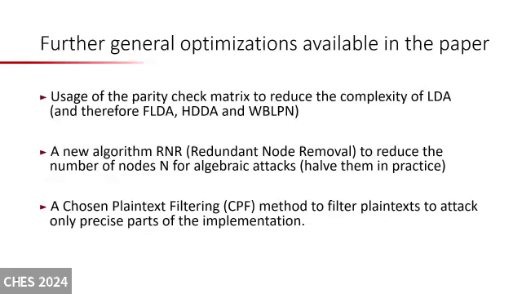We also brought a new algorithm that we call RNR, redundant node removal, that is also a pre-processing tool that can be applied before FLDA and filtering in general, and is only compatible with algebraic attacks. This algorithm is basically a sliding window that has the same complexity as LDA.